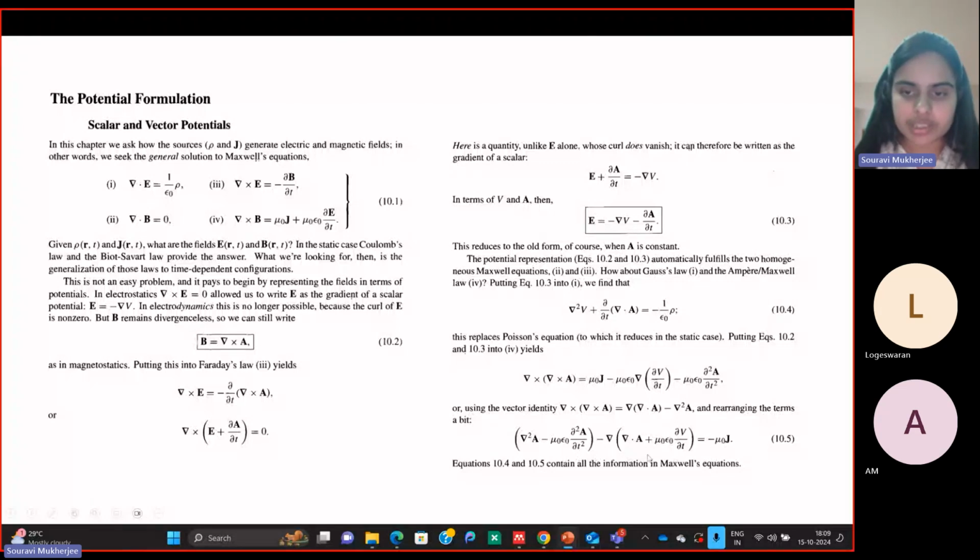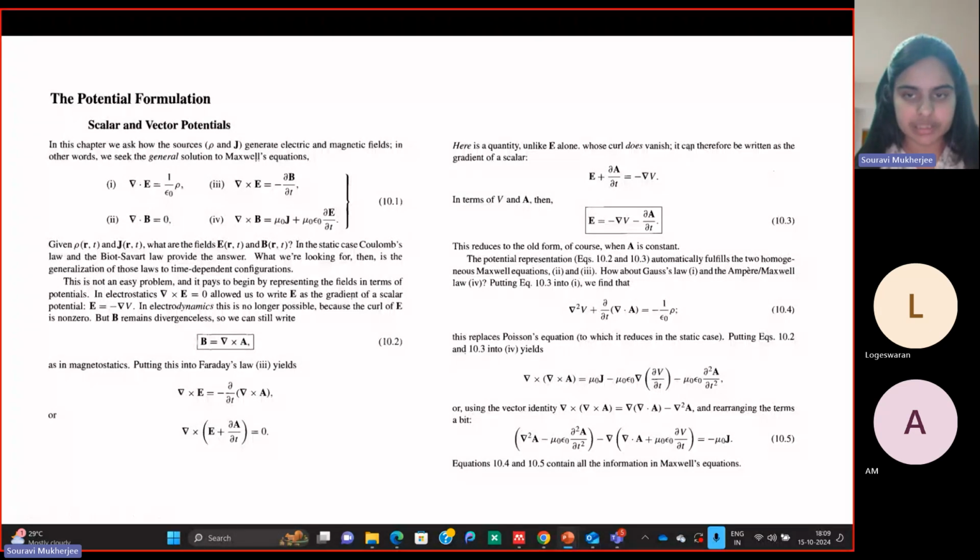So we would now see if there is a way of choosing A and V, because we have the freedom to choose the potentials in such a way that simplifies our life, right? So we'll try to choose A and V in such a way that our equations get simplified as long as the electric and the magnetic fields do not change. Okay, so that's what we'll try to do next.